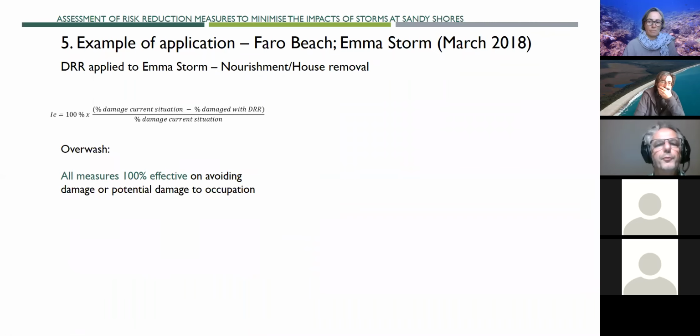If we had either nourishment or house removal, for the overwash promoted by this storm, any of those measures would be 100% effective in avoiding damage or potential damage. So either house removal or nourishment would have an effectiveness of 100% for this storm.